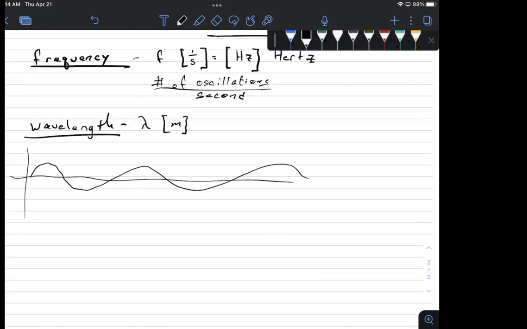So if I graph it, and this is position, this is the wave, let's say the amplitude, how high the wave is. The wavelength is literally how far does the wave travel when it does one oscillation. So this distance is called lambda. It is the distance traveled per oscillation.